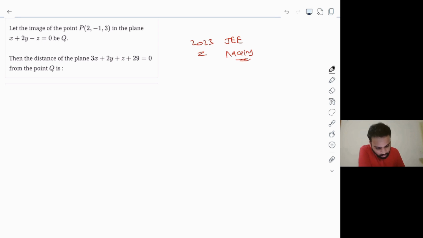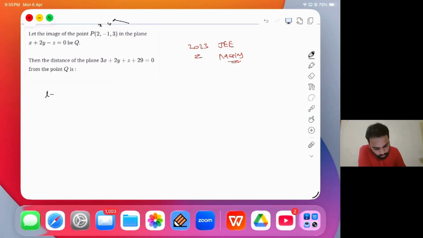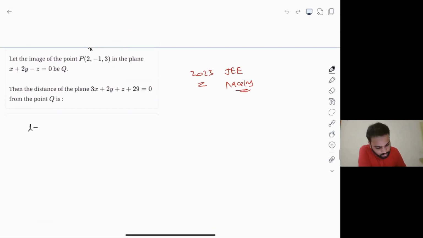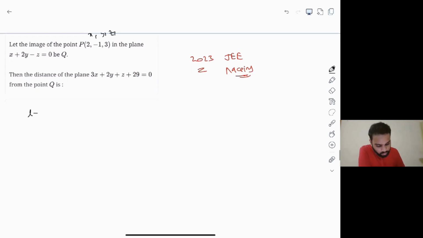So what is our image formula? L minus of, and let us take this as point P, x1 comma y1 comma z1, just for your reference. Okay. So what's our formula? L minus x1 divided by a. And by looking at this first plane equation, a value is 1. And similarly, m minus of minus 1 divided by b value is 2.